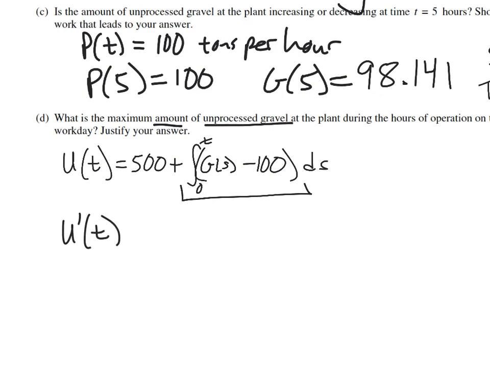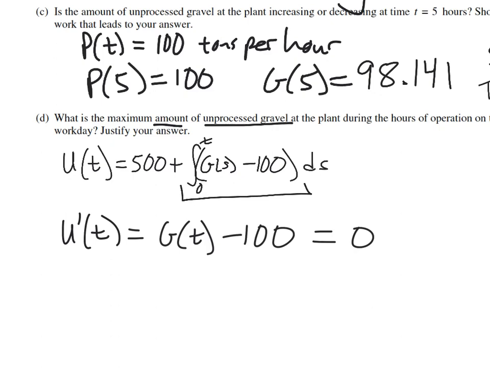Well, let's find the derivative of this. We don't care about the 500. The derivative of an integral, well, the second fundamental theorem of calculus says that cancels out. And so actually it'll be G of t minus 100. All right. And we want to set that equal to 0. All right.